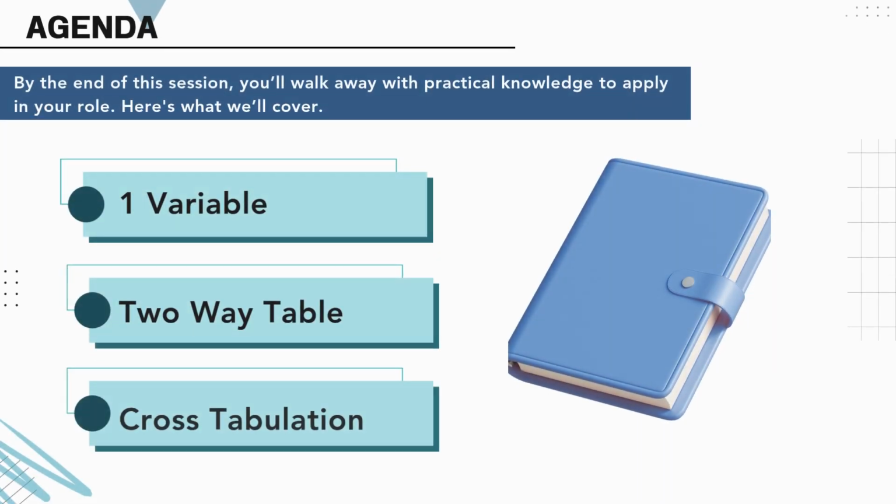Welcome, everyone! In today's session, we're going to focus on practical techniques using the chi-square test, particularly relevant when working with discrete or categorical data. Here's what we'll cover. First, we'll look at the one-variable chi-square test. This is used when you're comparing a single categorical variable to an expected distribution, also known as a goodness of fit test.